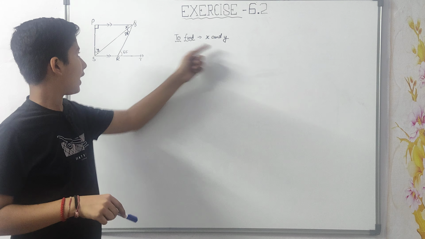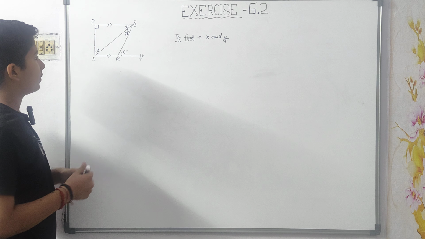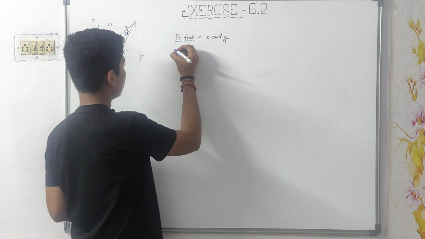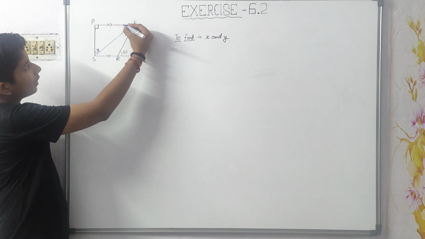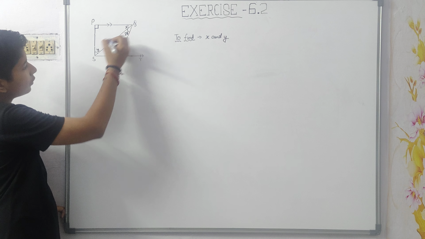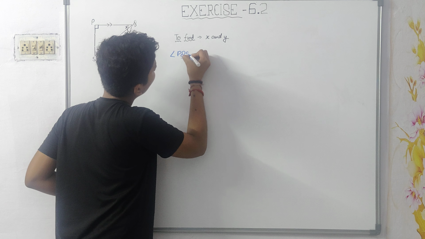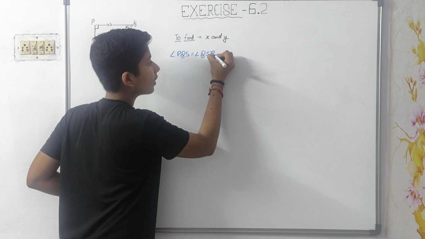We have to find out x and y over here, and this is given as 90 degrees, so this will also be 90 degrees. What will we write firstly? Angle PQS equals angle QSR.